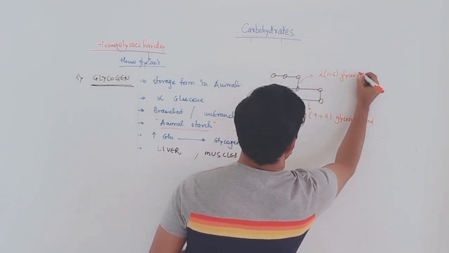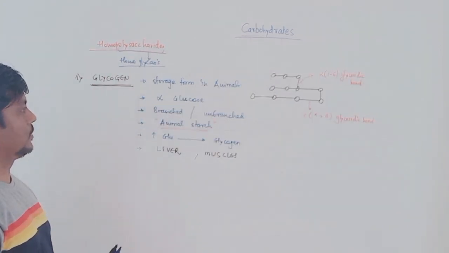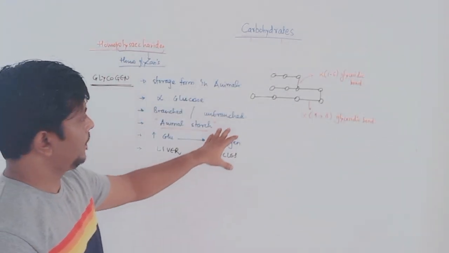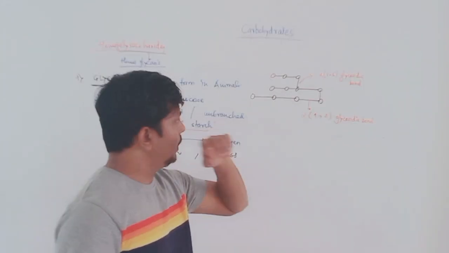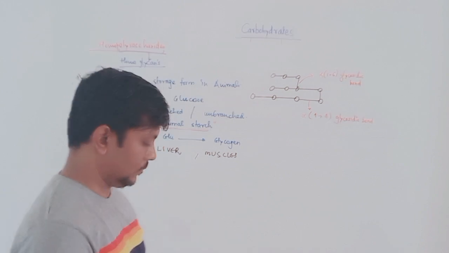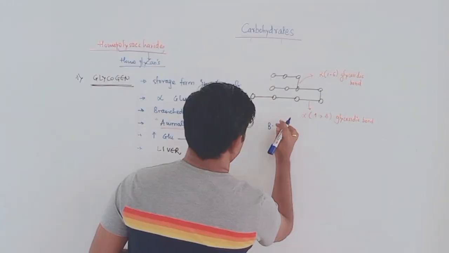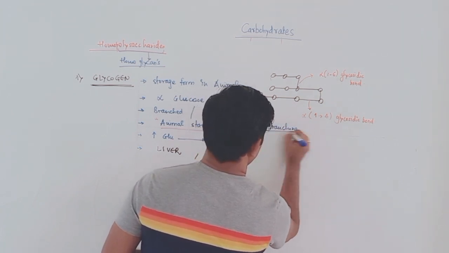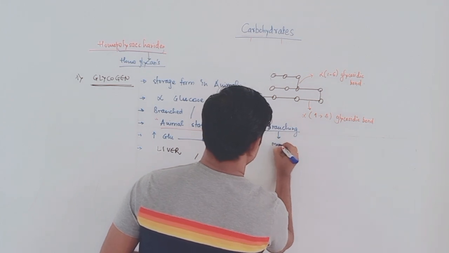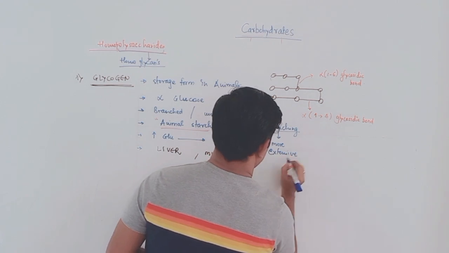So as we have seen previously in starch, it also contains alpha 1,4 glycosidic bond and alpha 1,6 glycosidic bond. The difference between starch and glycogen is the branching; branching in glycogen is more extensive than starch.